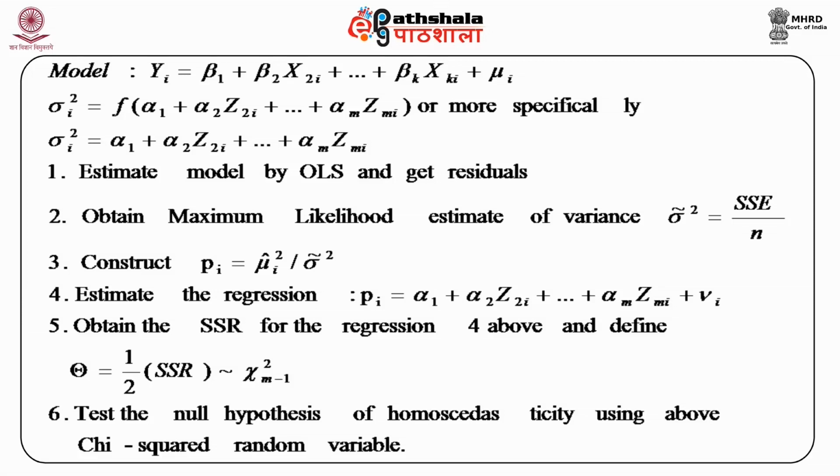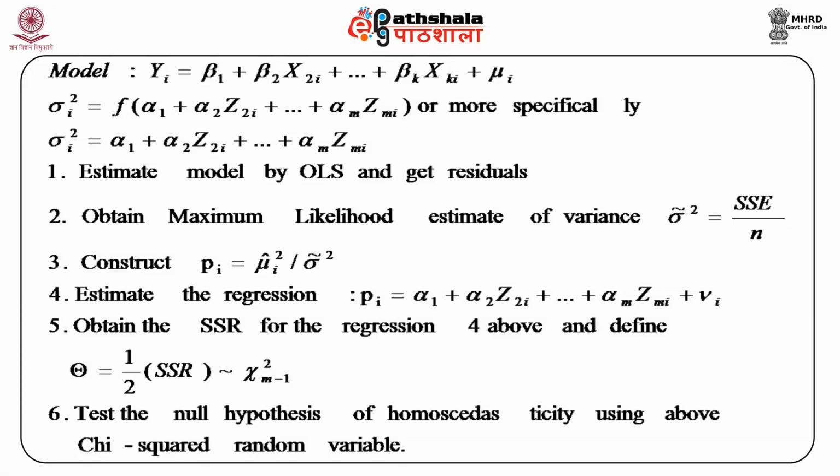Next, get the maximum likelihood estimator of sigma square, which is sigma square equal to SSE or ui hat square divided by n. Define a variable pi which is equal to ui hat square divided by the maximum likelihood estimator sigma square.